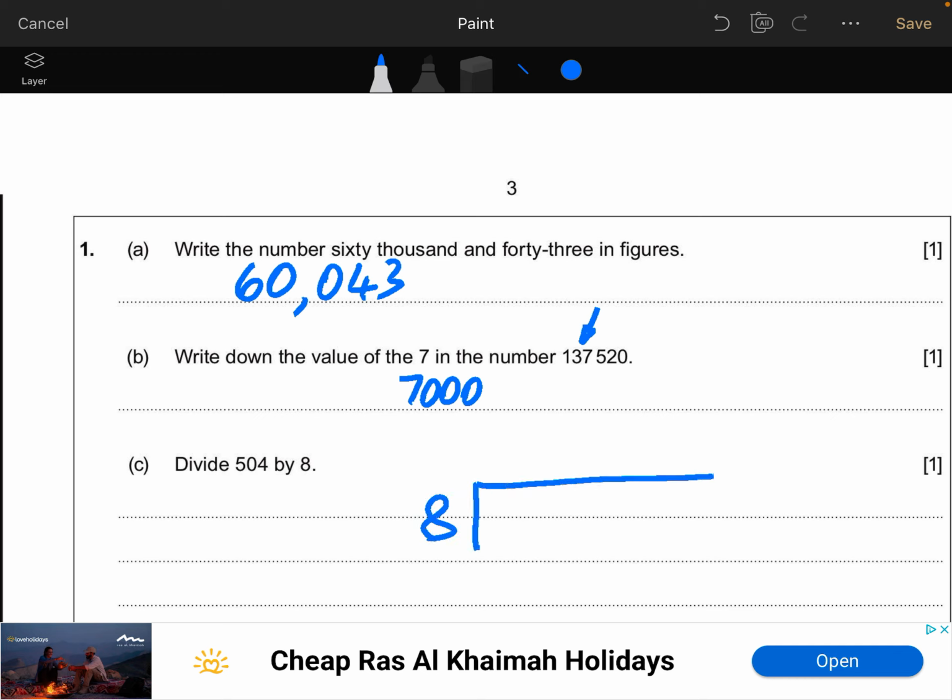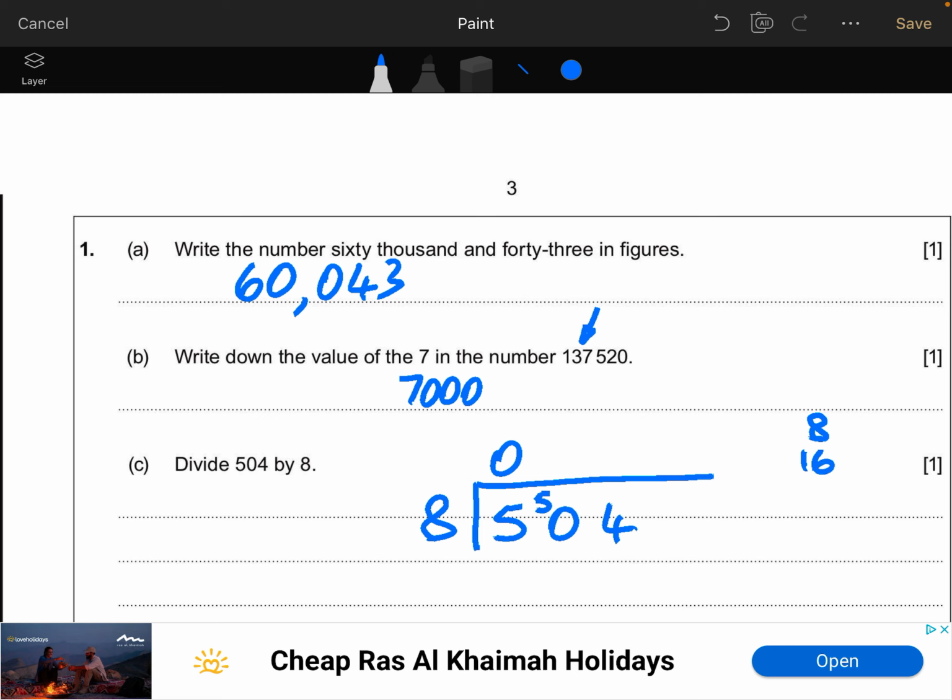8 into 504. Okay, so nothing, I can't do 8 into 5, but the 5 hasn't been used, so I carry it over to the next column and it becomes 50 now. So I've got 8 into 50. If you don't know your 8 times table, a useful thing to do is to write them out.